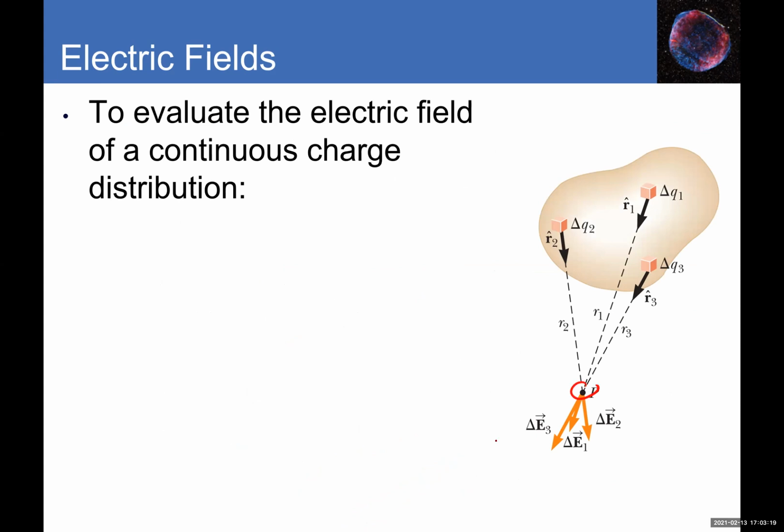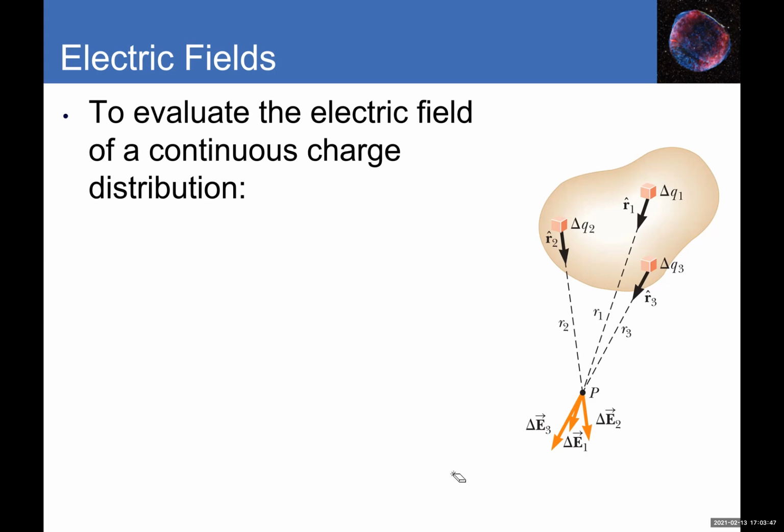The electric field at that point, let's say point P, will be due to each individual charge in this object or region. As we learned in the previous lectures, if I want to find the electric field at that point P, I need to add them all together, so find the net electric field.